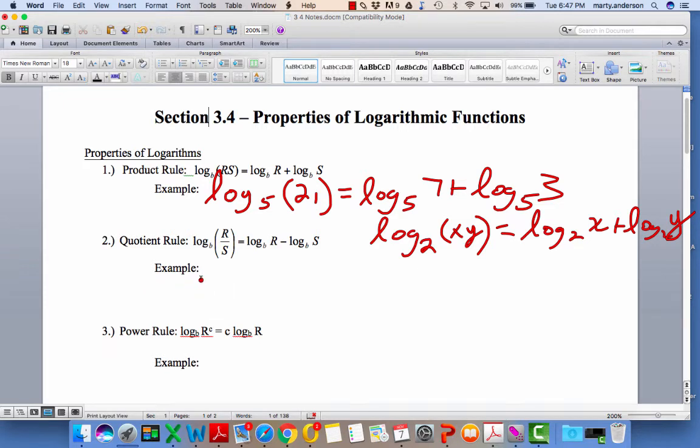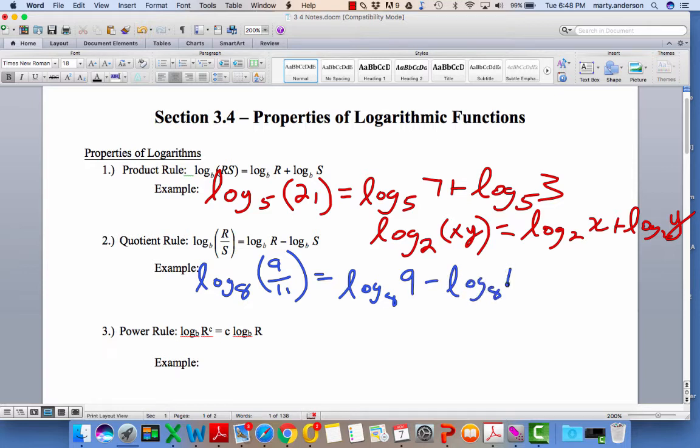So if you had the log base 8 of 9 over 11, you can turn that into the log base 8 of 9 minus the log base 8 of 11. So you've got division, and you can turn it into subtraction.